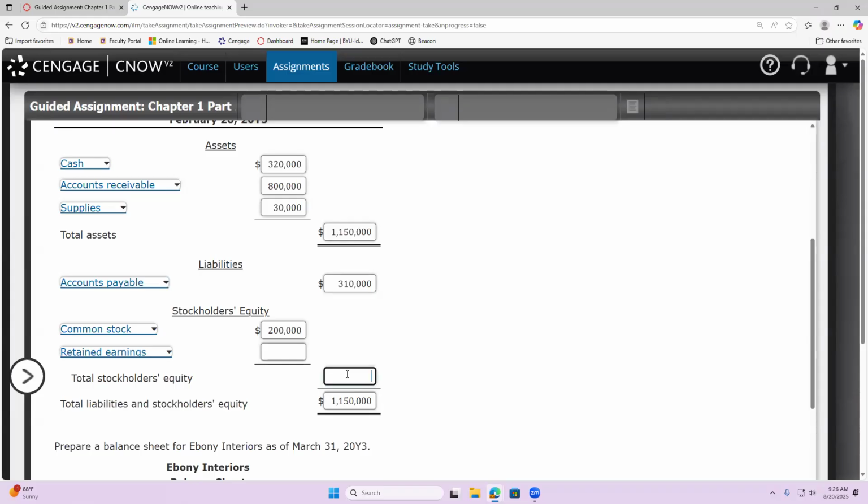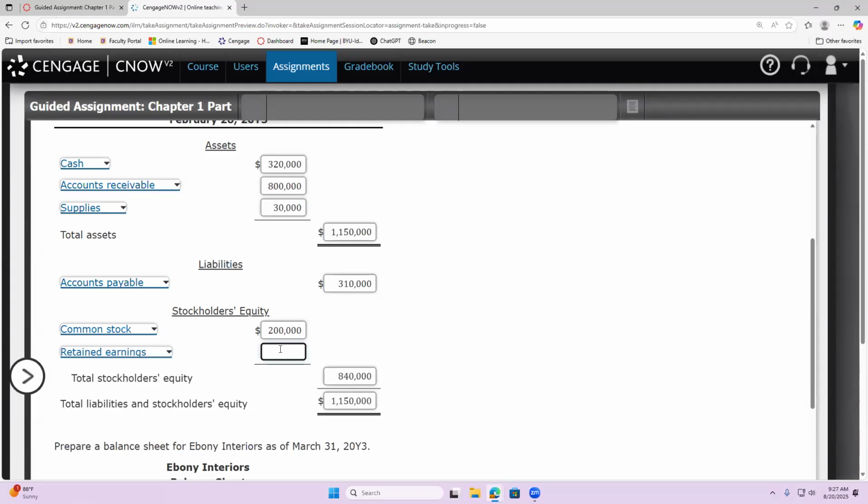What? 850? 840, yeah. And now I know my stockholders' equity is going to be my common stock plus my retained earnings, right? So since common stock is 200, what must retained earnings be? Anyone?